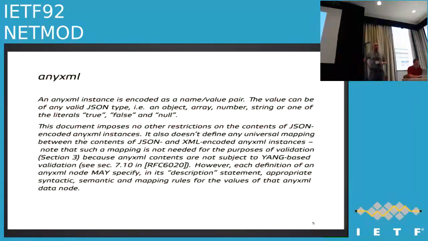Again, although it's sort of a misnomer, NXML in JSON encoding tries to play the same role as it does in XML encoding, which means encapsulating some schemaless data. And of course, these data are schemaless only from the point of view of Yang.